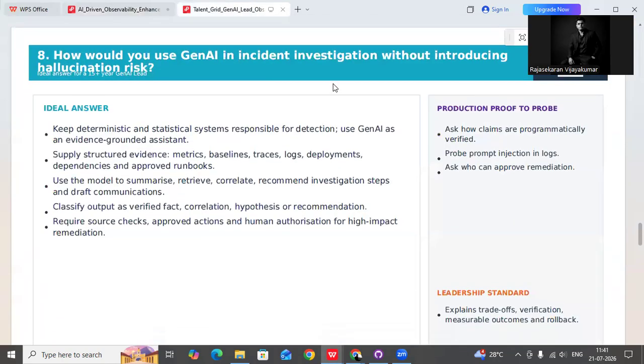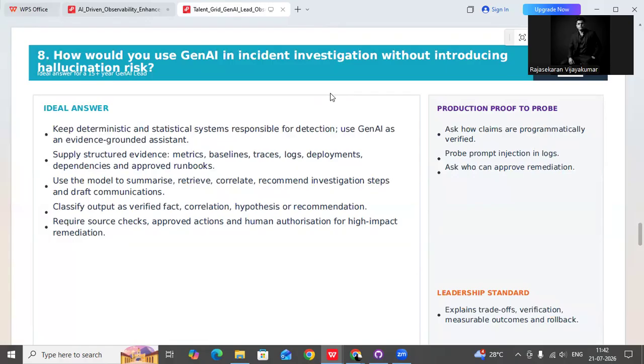The question is also trying to evaluate that when you perform anomaly detection and have a GenAI assistant in place, and you give it certain inputs, it should not hallucinate when responding to users, and it should be more deterministic. That is the expectation. So how would you use generative artificial intelligence in this incident investigation? This is what the question is asking.